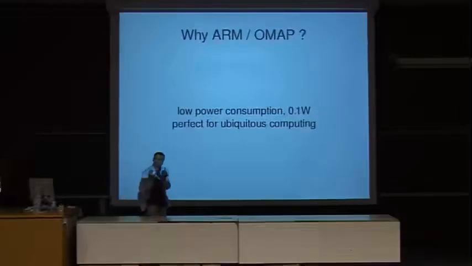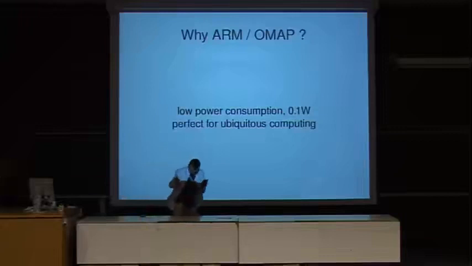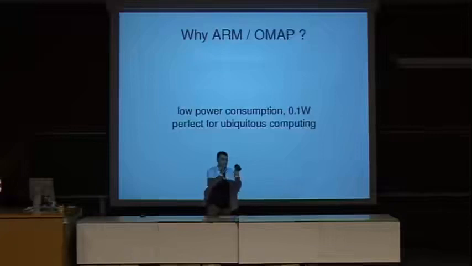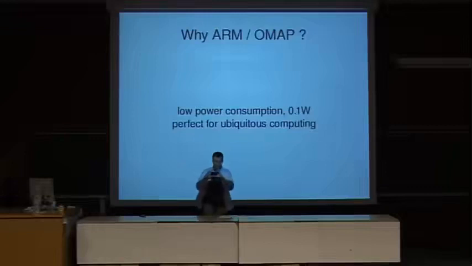So what is the difference between the Intel platforms and the ARM platforms? You can get away with just a tenth of a watt. So we will have in the future lots of applications that are not phones.